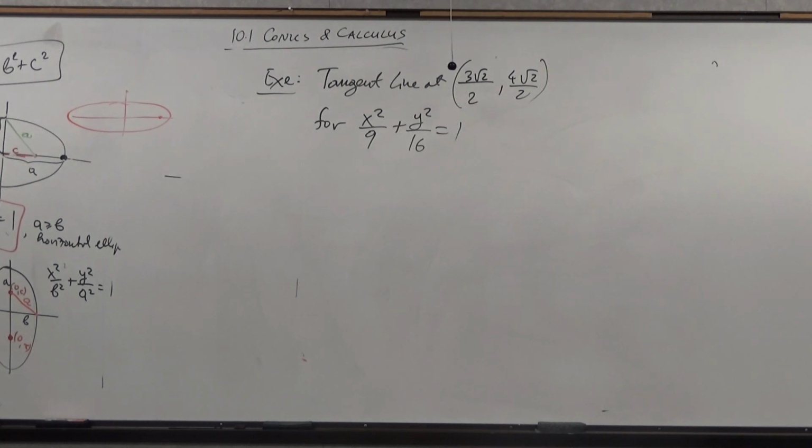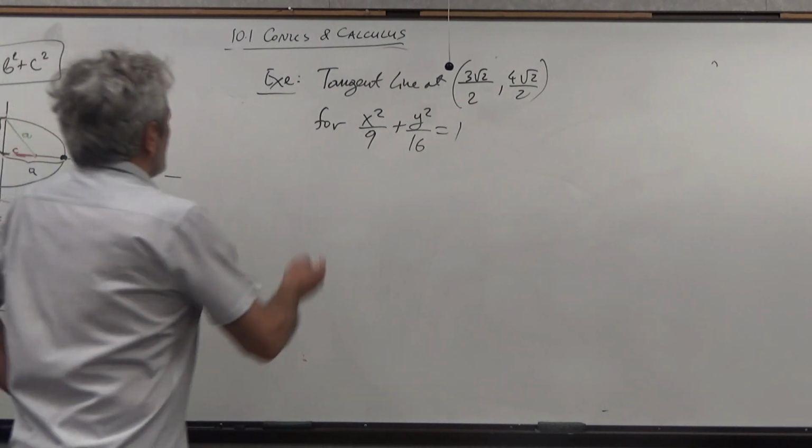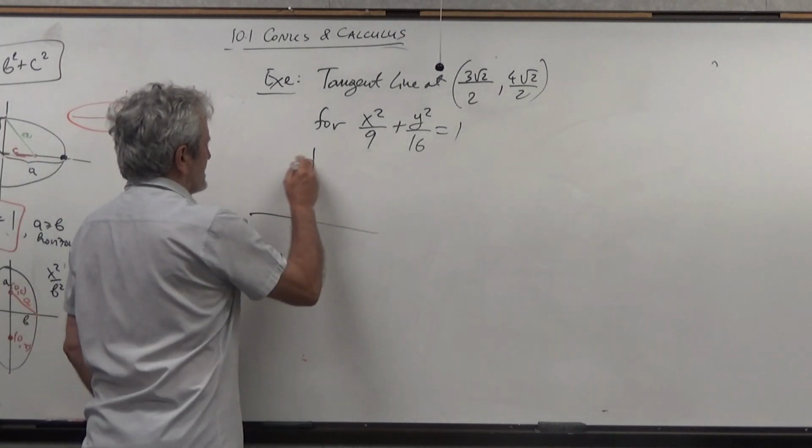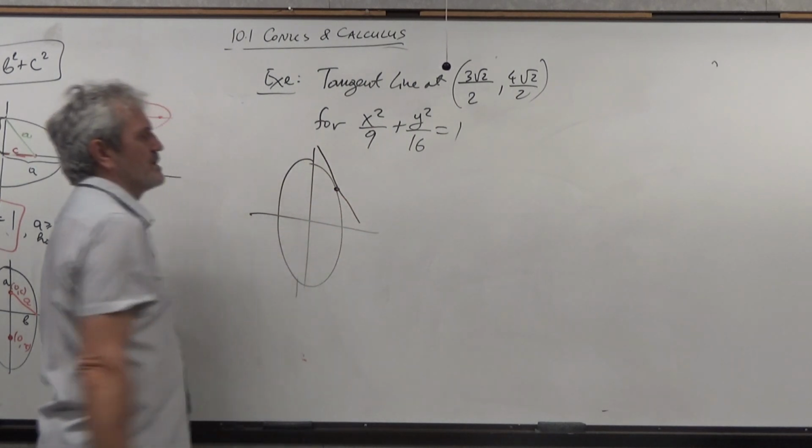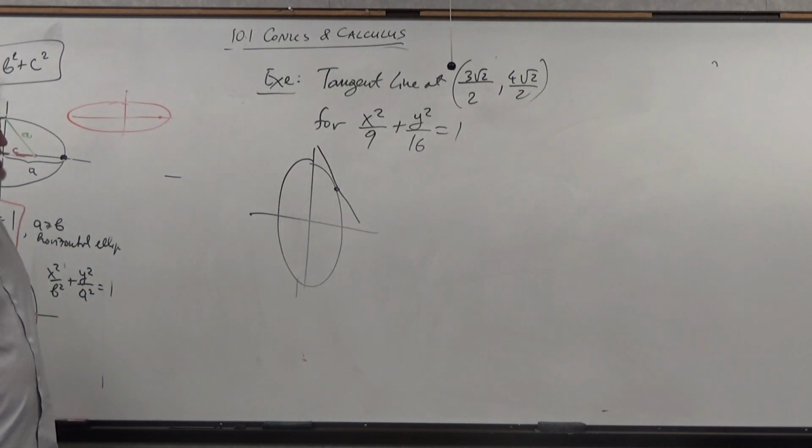So what are we going to do here? Standard stuff. This is a vertical ellipse, doesn't matter; the point is given, one is the equation. So easy exercise in Calc 1.